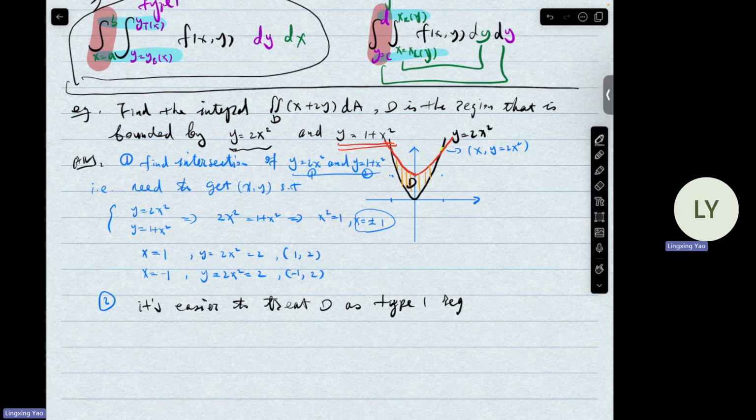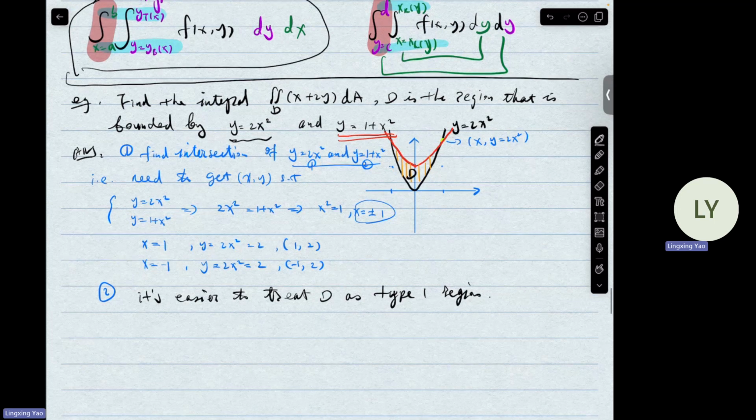Well, because if we draw any of those vertical lines within the domain, we can see the top and the bottom ends of each of those vertical lines will always lie on those two curves.